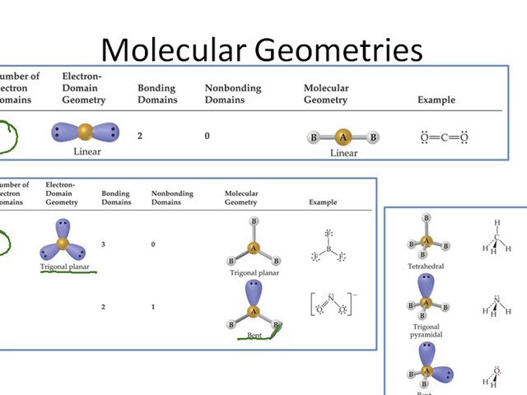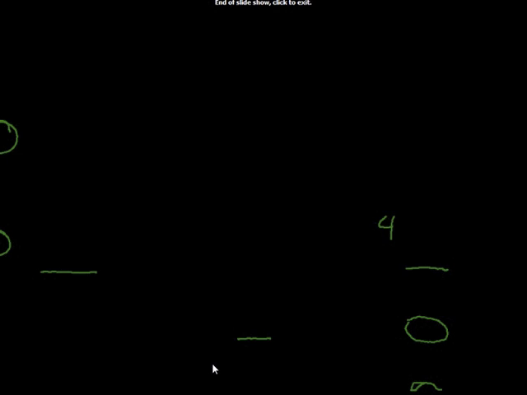If you have 4, this is the same slide I showed you earlier. It's tetrahedral, but it could be tetrahedral trigonal pyramidal or it could be tetrahedral bent. And the reason it takes that shape is because of the bonded and the non-bonded spots.